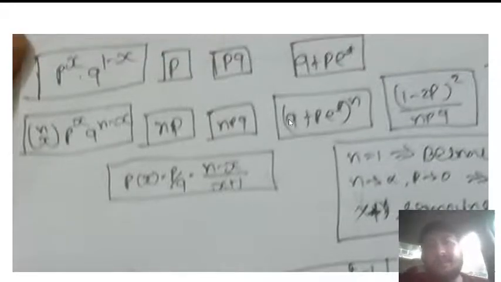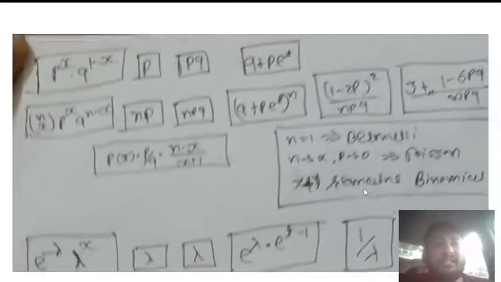The mean of the binomial distribution is np, the variance is npq, and the moment generating function is similar to that of the Bernoulli distribution: (q plus p e raised to t) all raised to n. So if you put n equal to 1, it will turn into the moment generating function of a Bernoulli distribution.